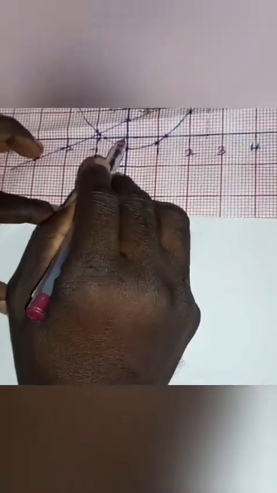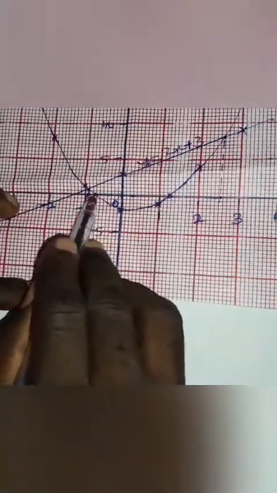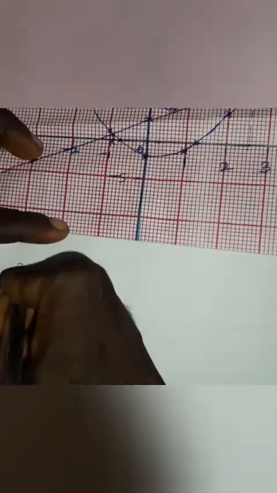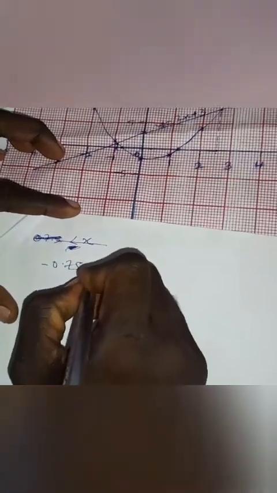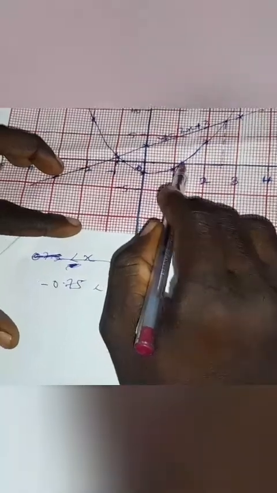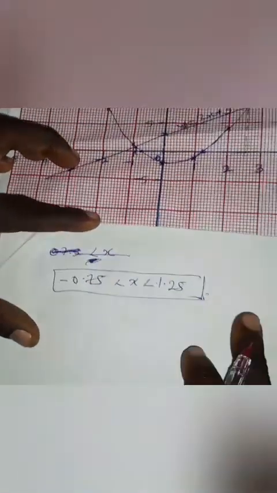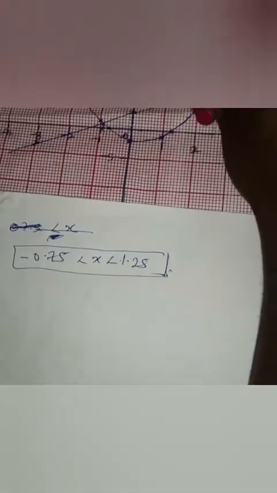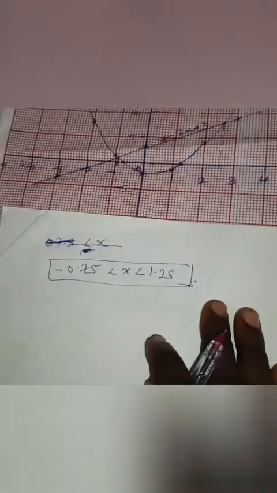So this is going to be minus 0.1, 0.2, 0.3, 0.4, 0.5, 0.6, 0.75, minus 0.75 rather. x is greater than minus 0.75 but less than, then you read this value, 1.25. So these are the range of values of x for which this curve is less than 0. So that's all for this. We'll move on to the next graph.